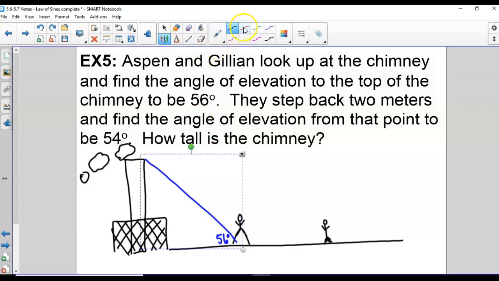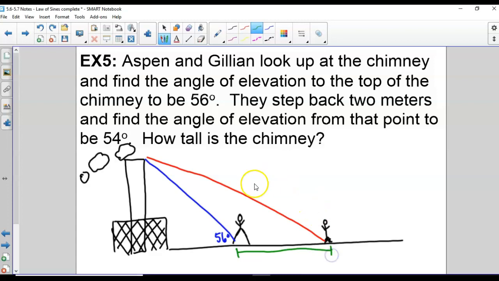I cannot draw a very good stick figure today. So they backed up and they took another measurement. He almost looks like his pants have fell down there. So, they back up 2 meters. So this distance right here is 2 meters, and this angle here is 54 degrees.